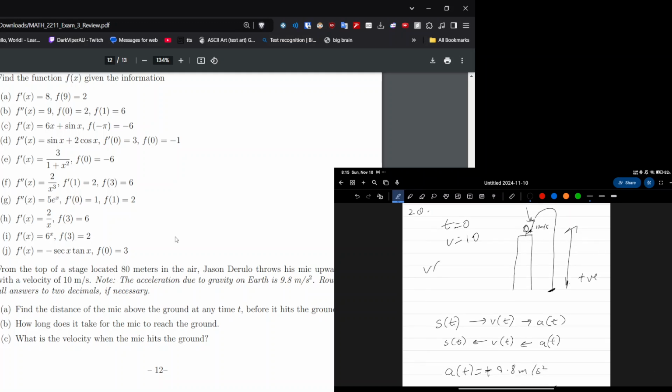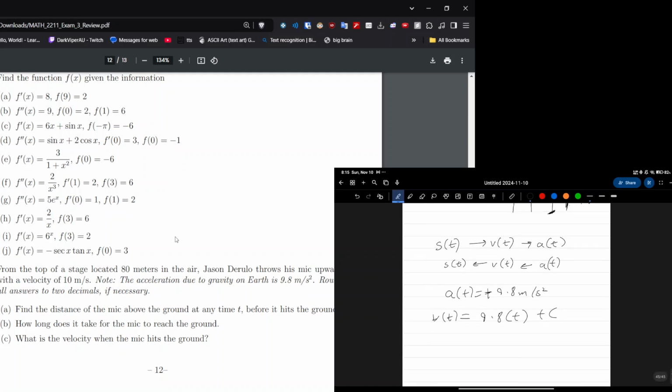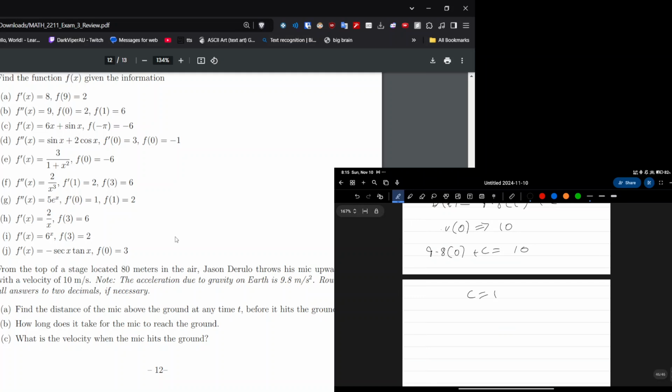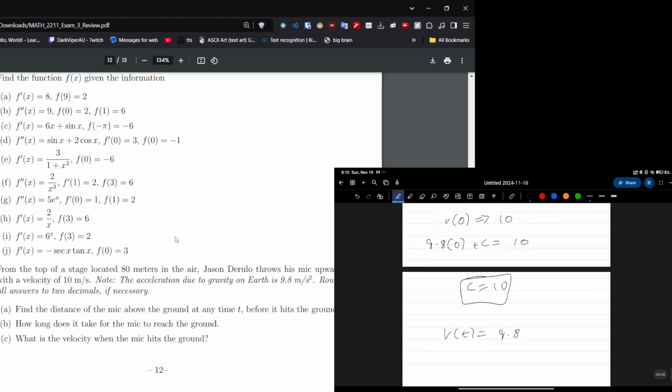That just means v of 0 equals 10. So 9.8 times 0 plus c equals 10, so c becomes 10. So the velocity function becomes 9.8 t plus 10.